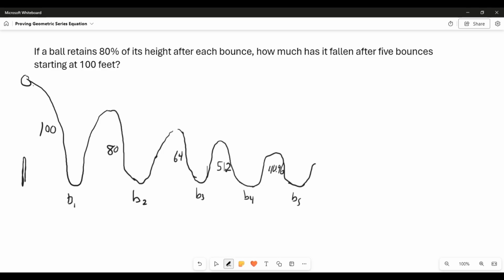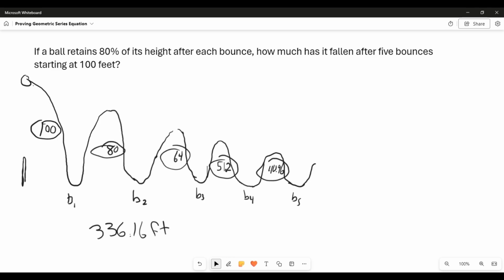So these are our 5 numbers. So you just add these up. You add up these 5 numbers, and you're going to get a total of 336.16 feet. This is how much the ball has fallen in total, just counting what it has fallen.